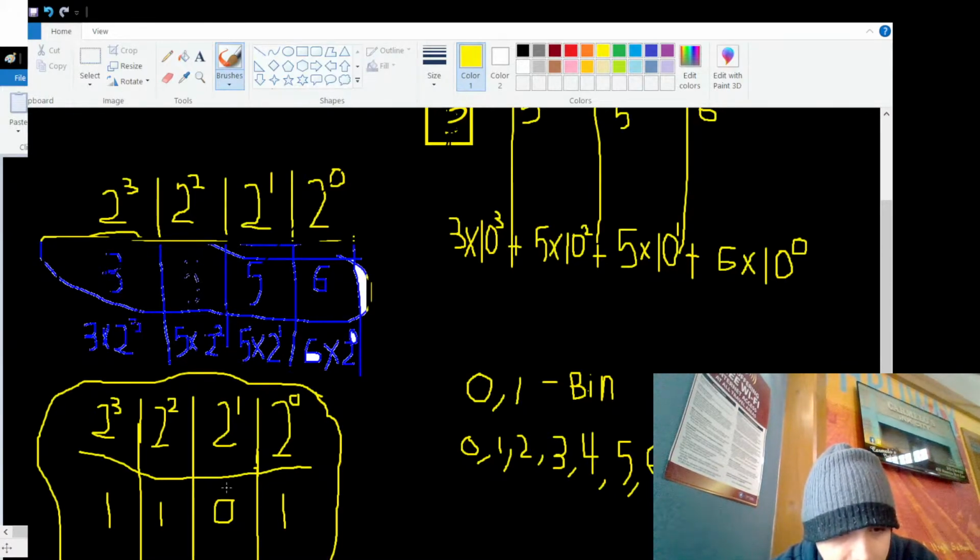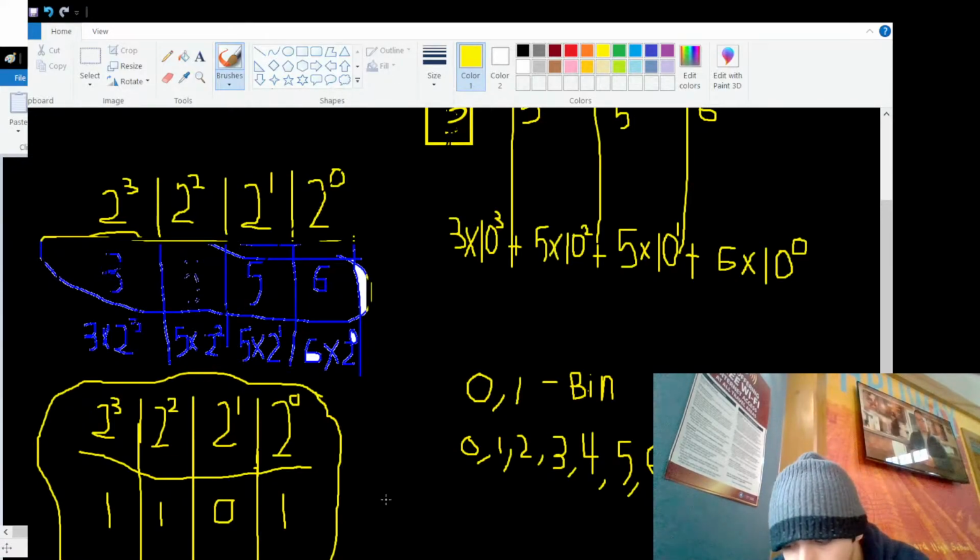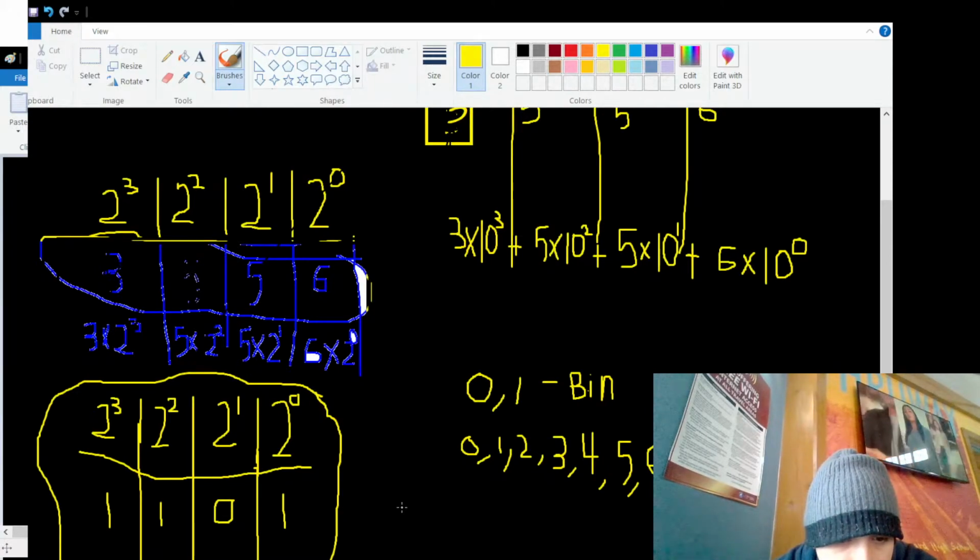So 1 times 2 to the 3rd. What is 2 to the 3rd? What is 2 times 2 times 2? It's 8. Then 1 times 2 squared, what is that?